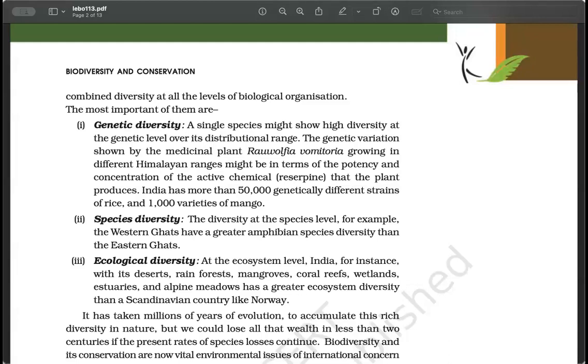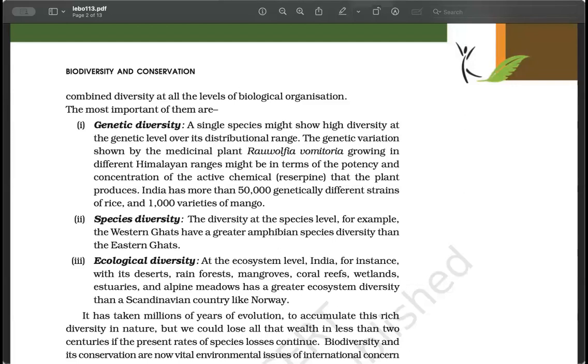So ecological diversity is very important. Often we think that if we have deserts, like we were discussing in the last class, that's not a good thing. You know, we need more greenery all around, more green trees. But that's not always true, because just looking at greenery, we might think that one kind of forest will help us.